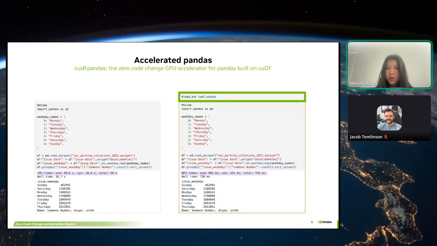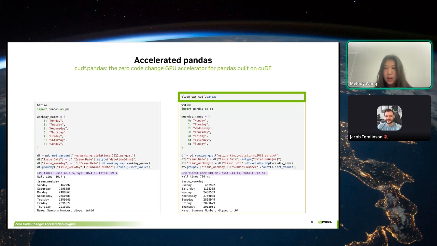So this is an example of cuDF, which is a Python GPU data frame library for loading, joining, aggregating, filtering, and manipulating data. Basically everything that Pandas does. And it does provide a Pandas-like API that is already familiar to data engineers and data scientists with basically zero code change.